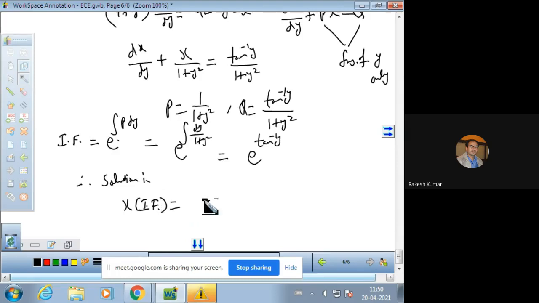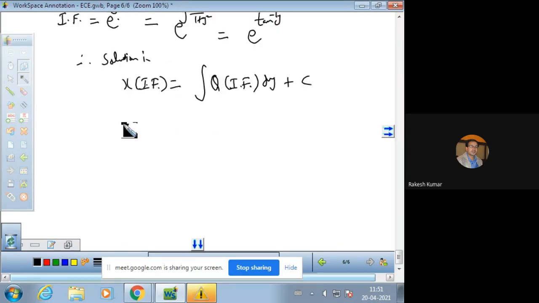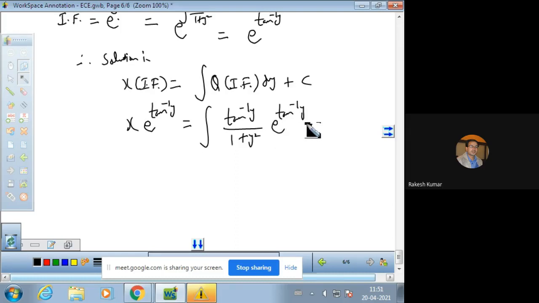x into integrating factor equals integration of Q into integrating factor with respect to y plus c, and you will use the values: x into e raised to power tangent inverse y, and your Q is tangent inverse y over 1 plus y square into e raised to power tangent inverse y into dy plus c.